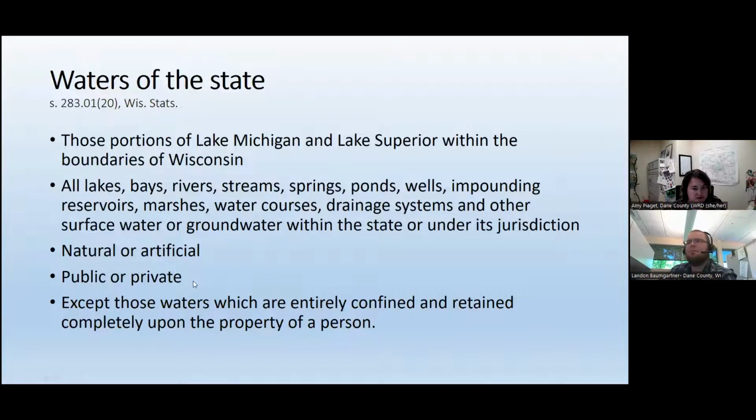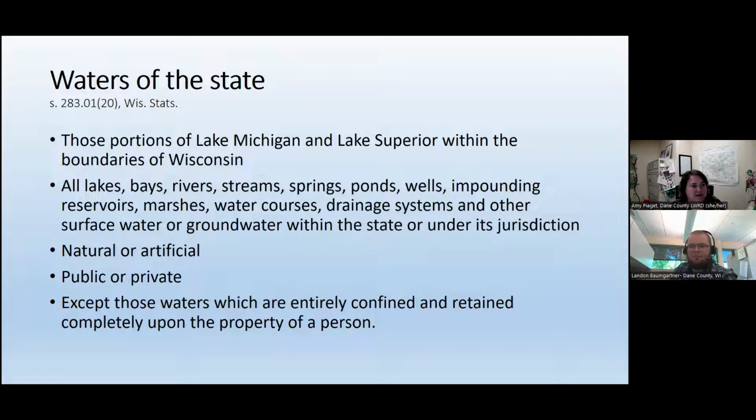Yep. Okay. I think people joked at one point, well, if I build a pond on my property, then the farm has to stay 1,000 feet away from land application. That's not necessarily the case. You can't just build a private pond that's not connected to any water and fill it up with water and say, now I have a pond and you have to stay 1,000 feet away.